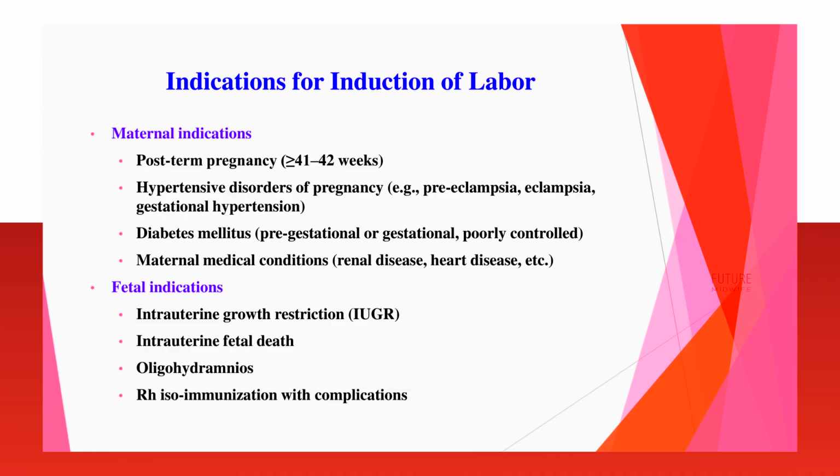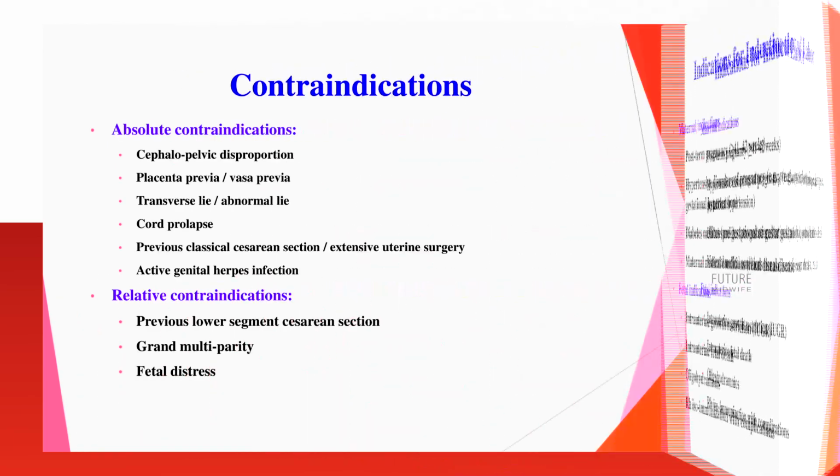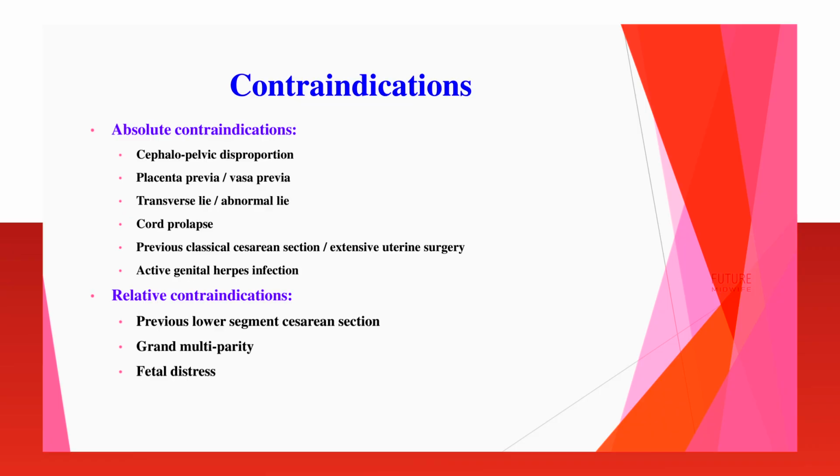The last one is maternal medical conditions such as renal disease, heart disease, etc. When it comes to the fetal indications, which include intrauterine growth restriction, intrauterine fetal death, oligohydramnios, and Rh isoimmunization with complications.